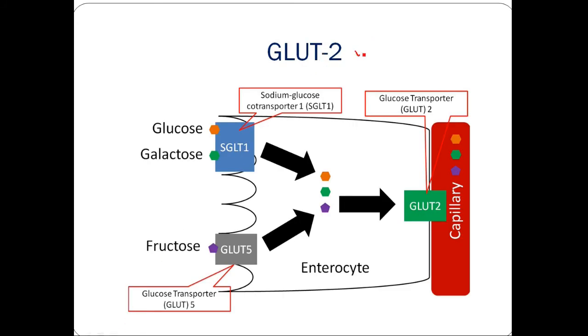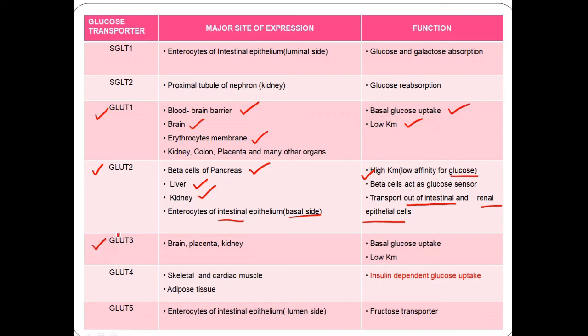Next, this GLUT2 is present in the basal part of the enterocytes. This is the enterocyte, that is intestinal epithelial cells, and this GLUT2 will transport glucose, galactose as well as fructose from the enterocyte into the blood capillaries. GLUT3 is present in brain, placenta, kidney, and it is similar to GLUT1.